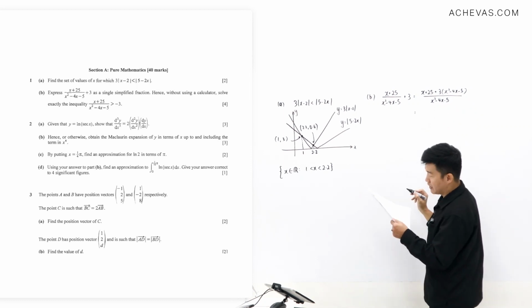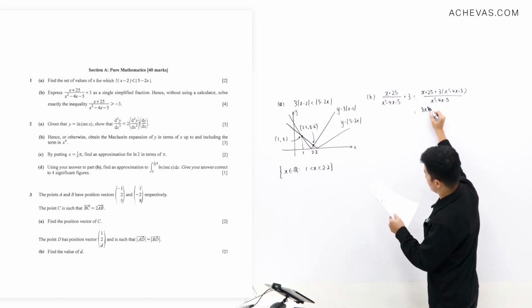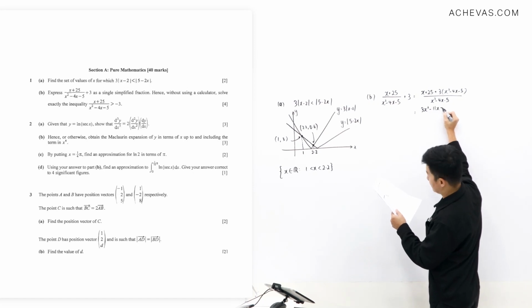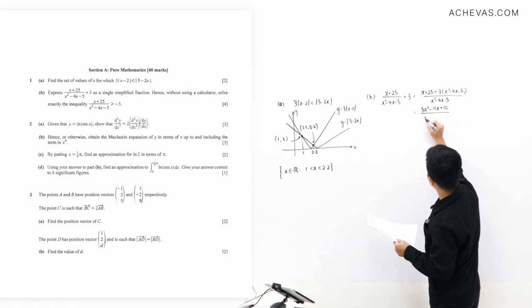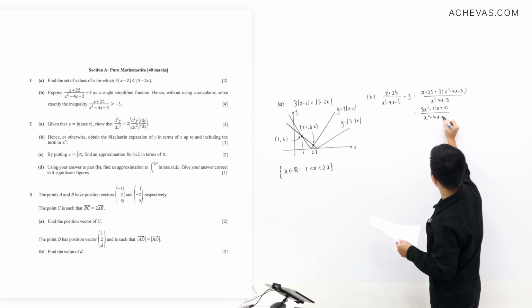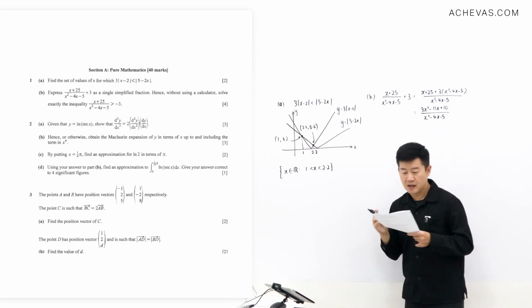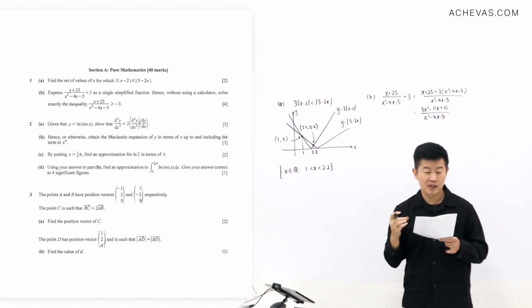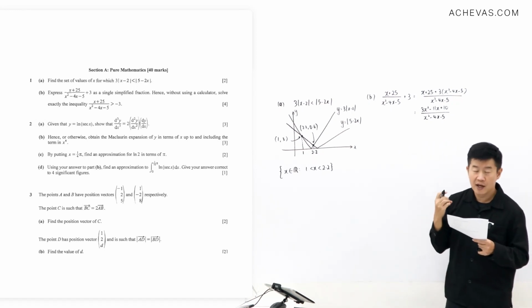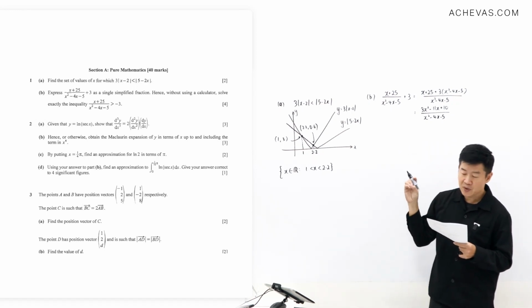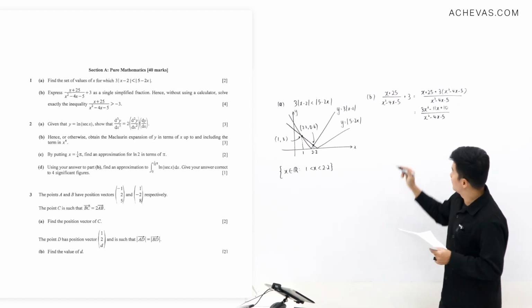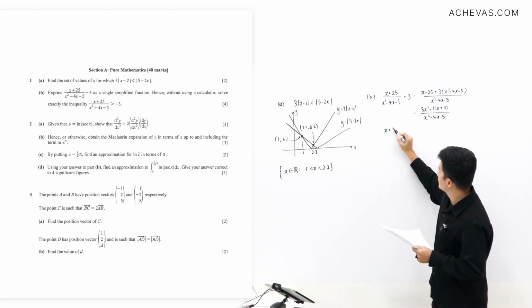Simplifying the numerator will get us 3x² - 11x + 10. The denominator, I'll just let it be, and this will be the single simplified fraction. The question says, hence, without using a calculator, we are supposed to solve this inequality.